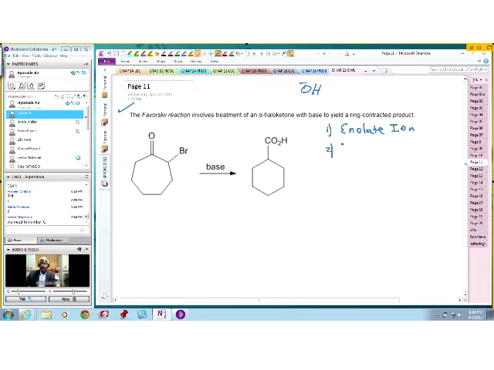Once we form the enolate ion, then we are going to do an intramolecular SN2 reaction formation. Okay? Then 3. Then we are going to get something that is similar to nucleophilic acyl substitution.